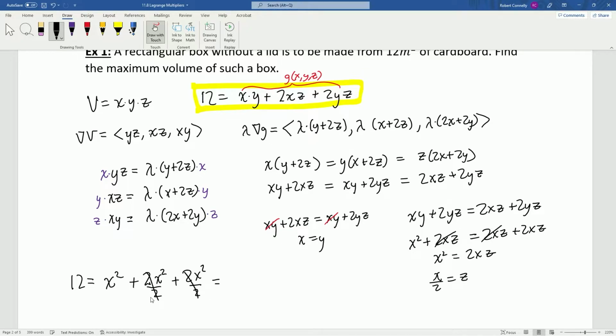Those cancel, and I get 3x squared here. Divide out the 3, I get 4 equals x squared. Take the square root, and I get x equals 2. And that implies y equals 2, since they're equal. And that implies z equals 1.